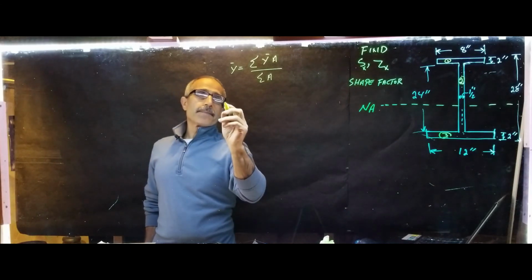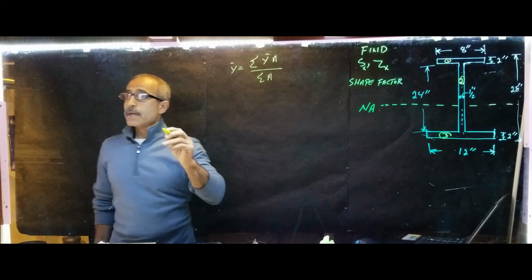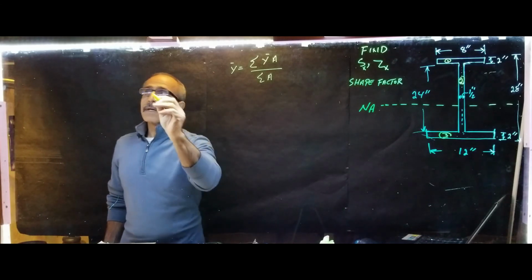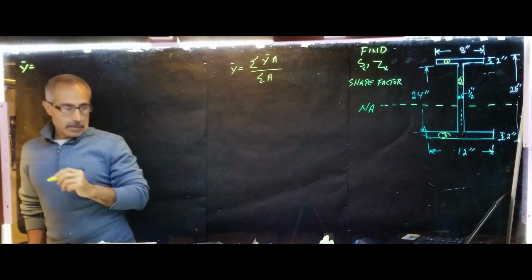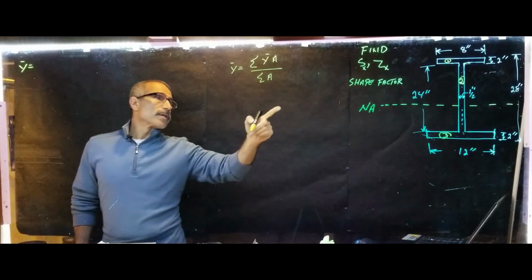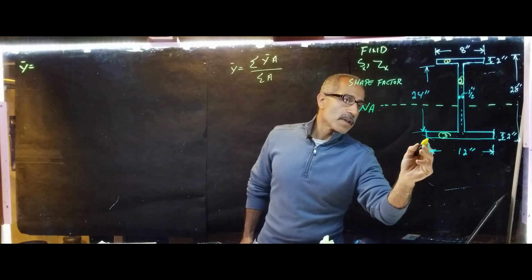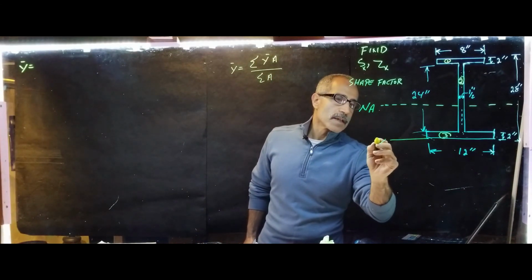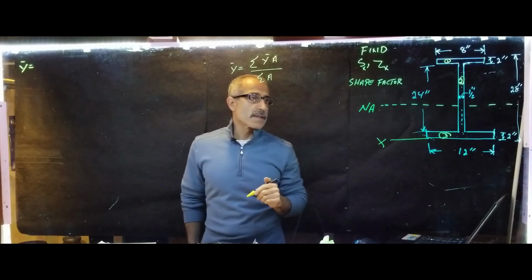So my y bar is equal to shape 1. For shape 1, let's use a reference point right here, the X line. We're going to measure everything from this line up.